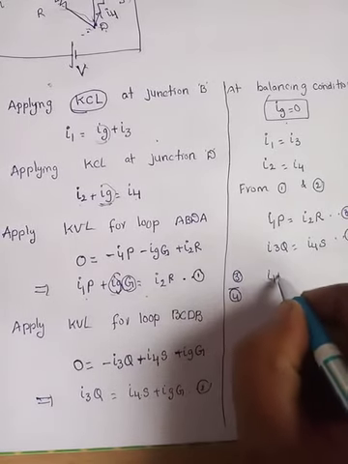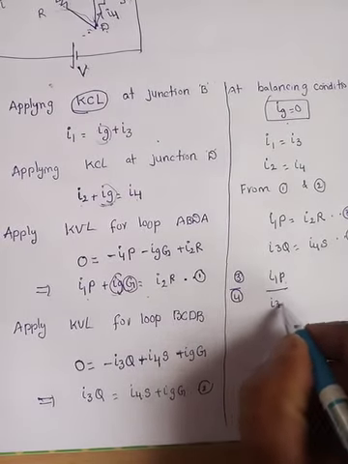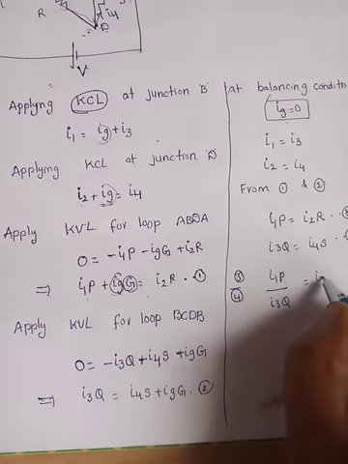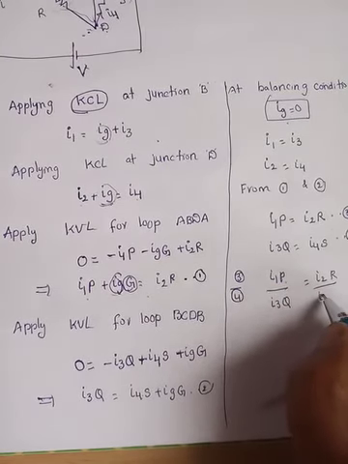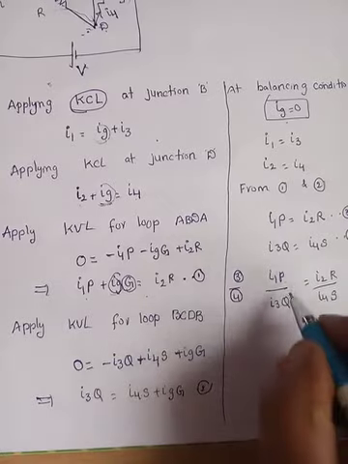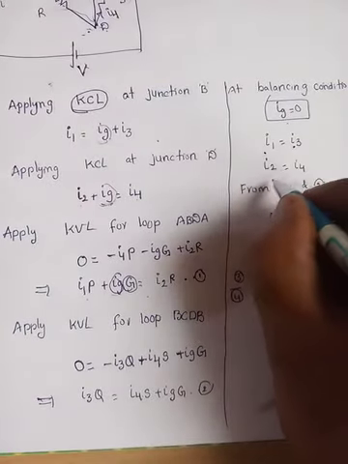I1P by I3Q equals I2R by I4S. Here we got I1 equals I3, I2 equals I4.